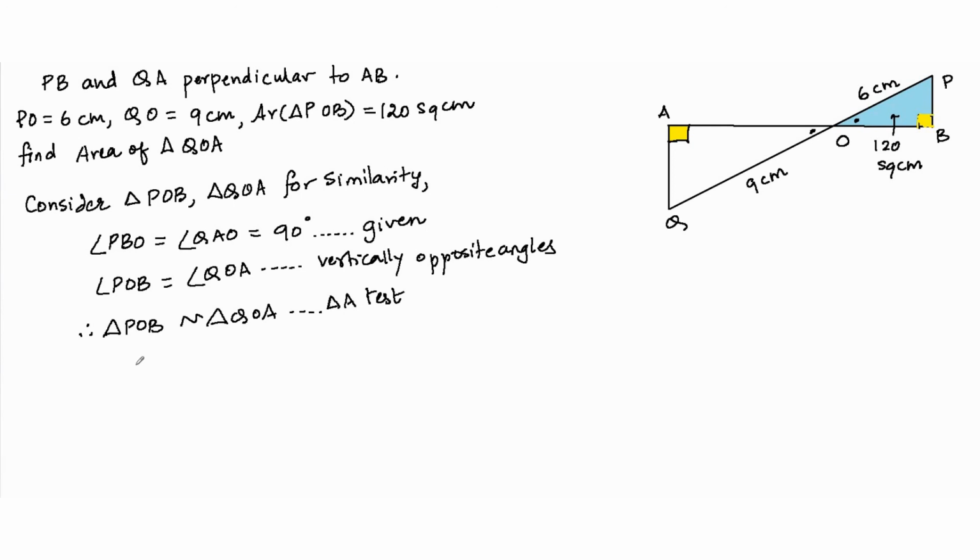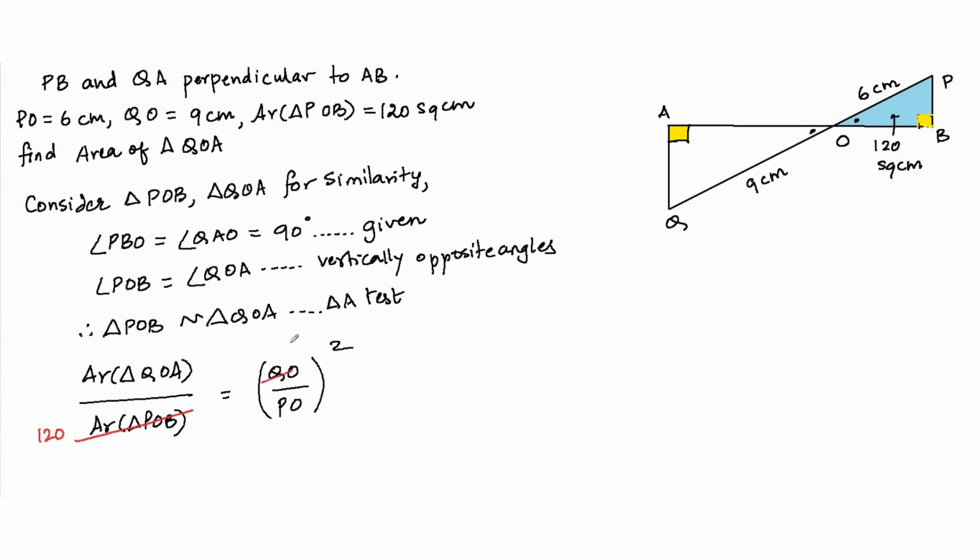And because they are similar by the AA test, I can now say that area of triangle QOA divided by area of triangle POB is equal to the square of, now QO and PO are given, so this is QO upon PO the whole square, which means that I can substitute area of POB as 120, that's known to me, and QO is 9 and PO is 6.